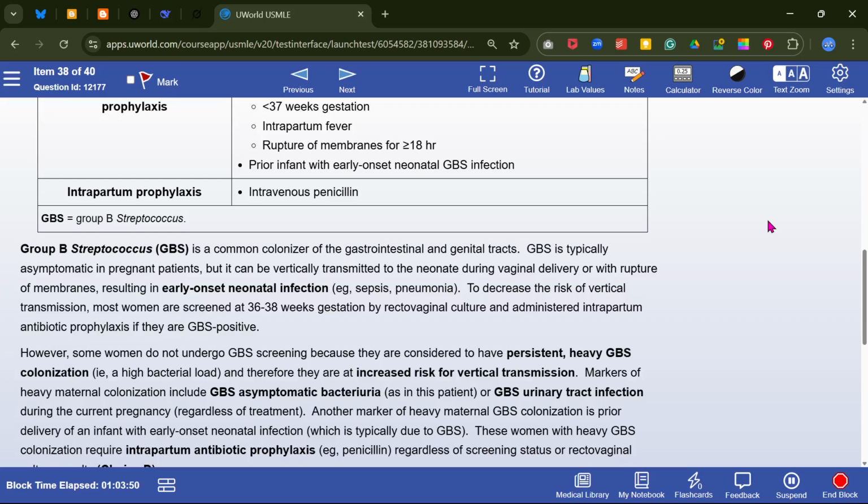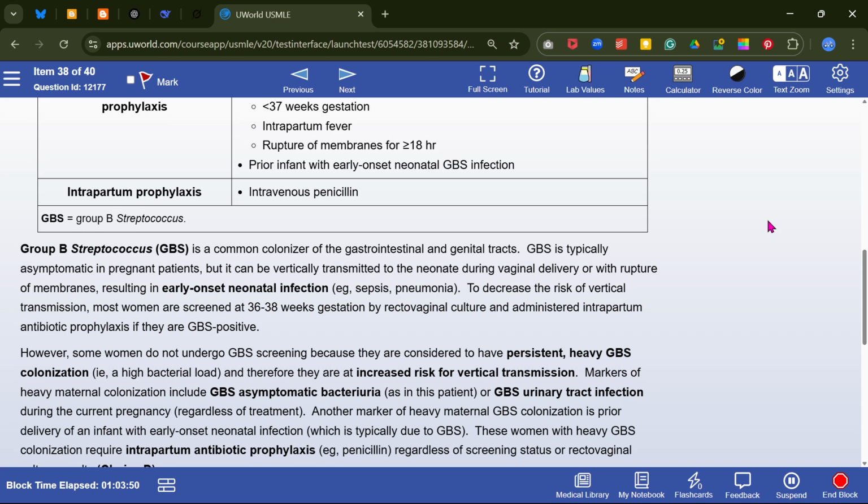Okay, group B streptococcus is a common colonizer of the gastrointestinal and genital tract.